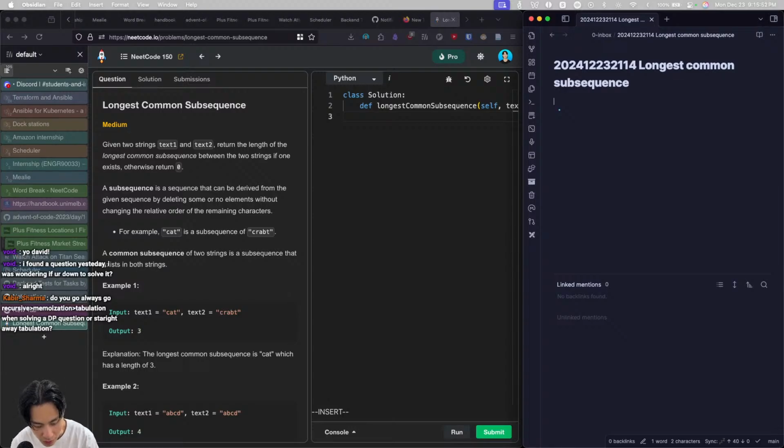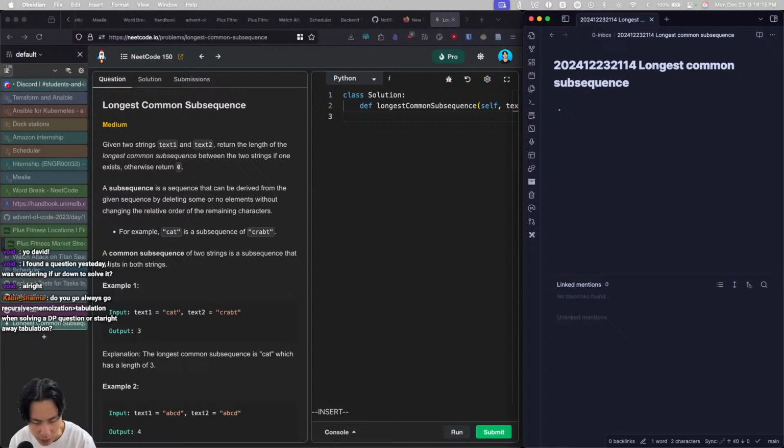But I think it is still worth going through recursive, memoization, and tabulation once, maybe like 5 times in total at the minimum.